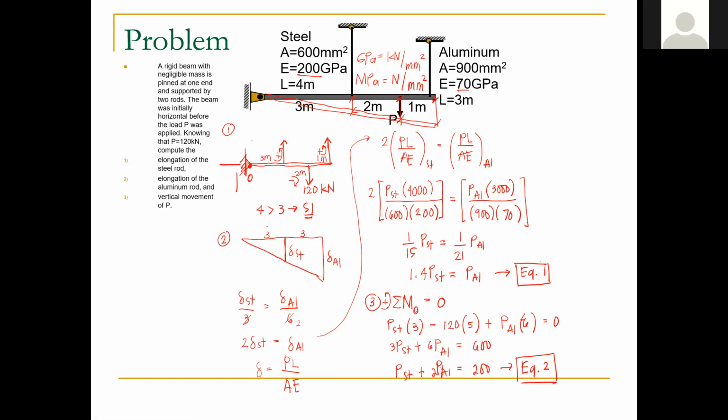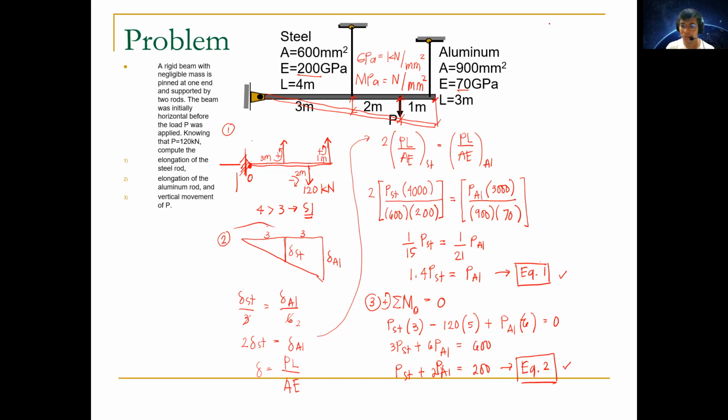Okay, sir. So after getting the compatibility equation, step number 2, and then the equilibrium equation, step number 3, you now have two equations, so you have to incorporate one equation with the other.